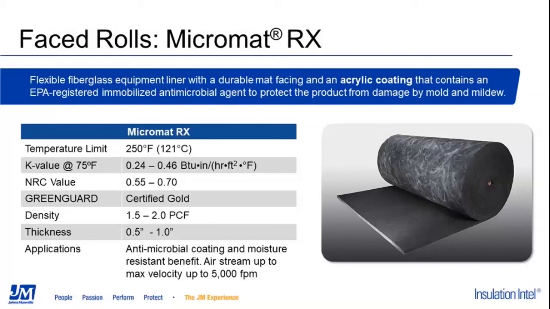This means that it's usable by children in schools, which is a rigorous emission standard threshold. Micromat RX is available in densities between 1.5 pound and 2 pound density and thicknesses from 1/2 to 1 inch. Micromat RX can withstand air velocities up to 5,000 FPM. And again, that acrylic coating that's antimicrobial is wonderful for moisture resistance.